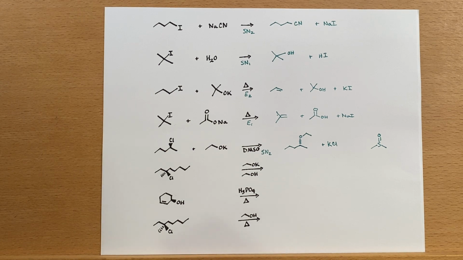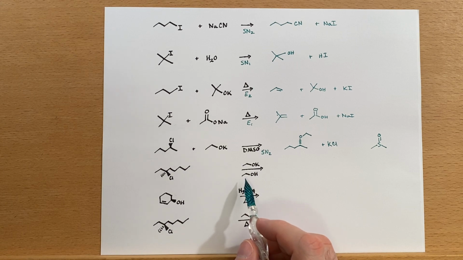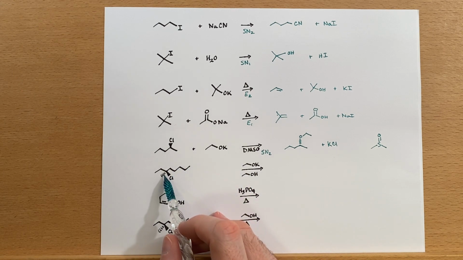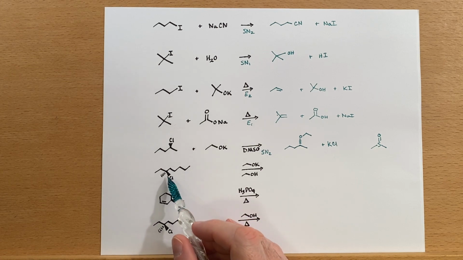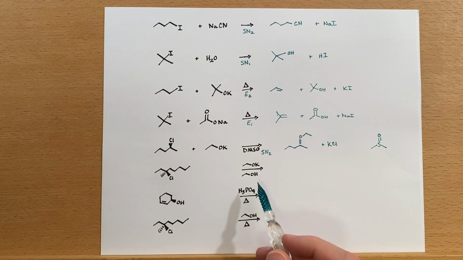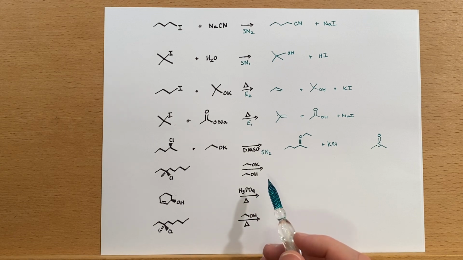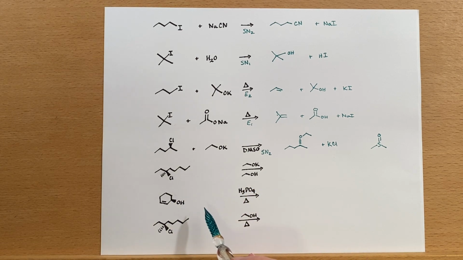Next, let's look at this reaction here. Now, we've changed things. First of all, this is a tertiary, so it's not going to be SN2. But the question now is, is it going to be an elimination reaction or not? And I suspect that we'll get some elimination products from this.